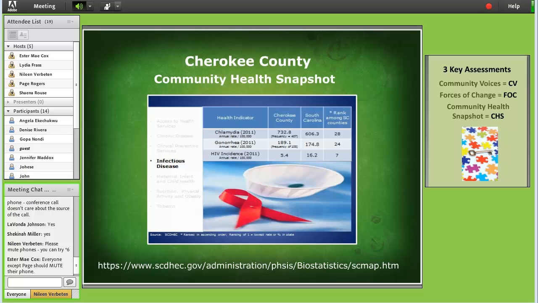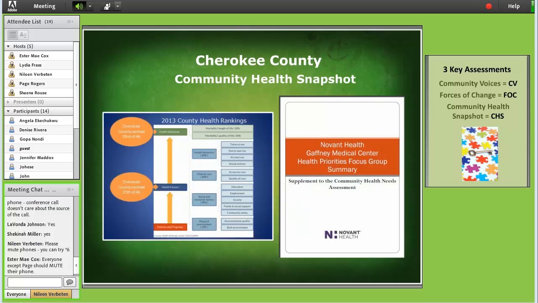Also included in our snapshot was some external data. I mentioned earlier national databases, and one of those is the County Health Rankings data. If you go to their website, you can go to your particular state and then go to the particular county you're interested in and get that information.